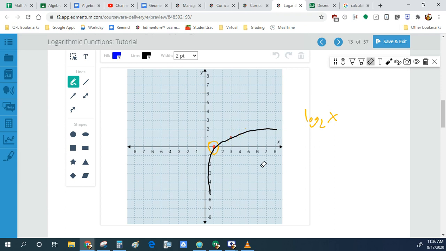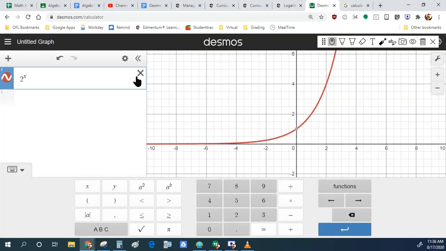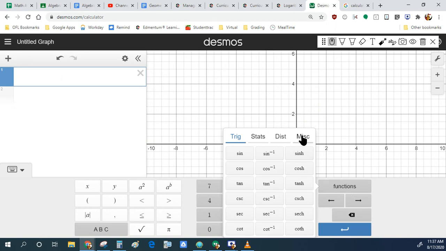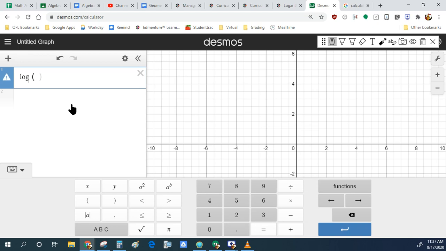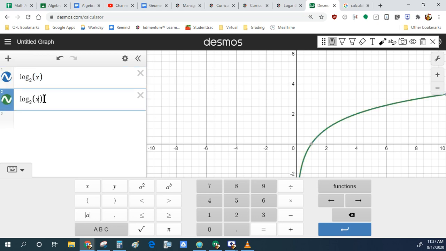And I can show you that using Desmos right now. Give me a second. So let's say we're doing logs. So I'm going to go to functions here, miscellaneous, log base 2 of x. I'm lazy, so I'm just going to copy this, paste it, but then change this 2 to a 3.